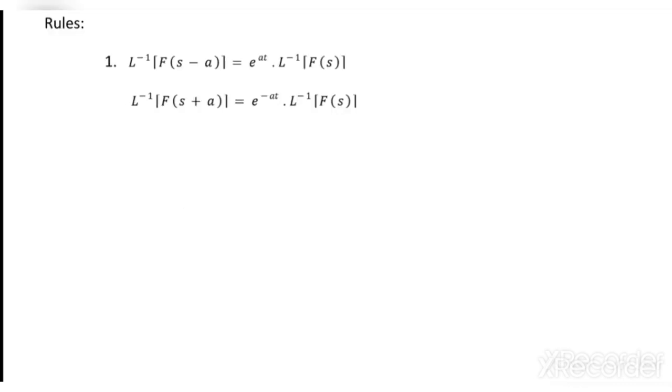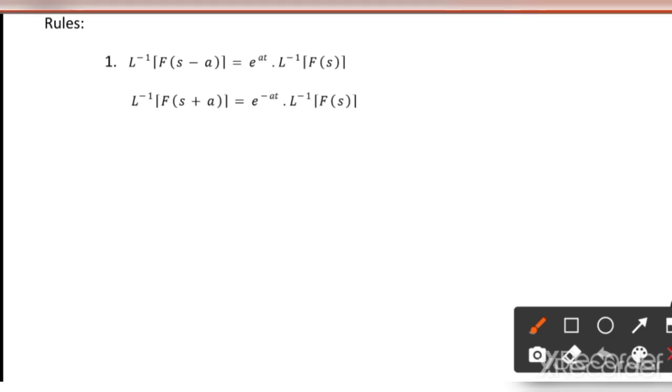You know that the Laplace transform of e power at f of t is f of s minus a. So L inverse of f of s minus a is e power at f of t. But what is f of t? The Laplace transform of f of t gives f of s.